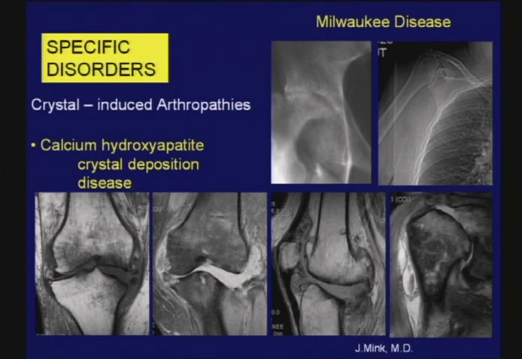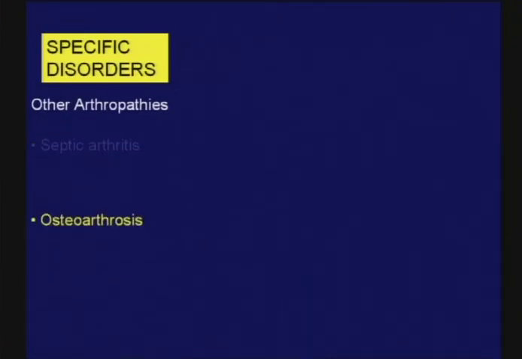So this process can be polyarticular, and even if it is monoarticular, it can affect a joint other than the shoulder. All right, so keep it in mind. Maybe there is something to the crystals being important in the development of this process.